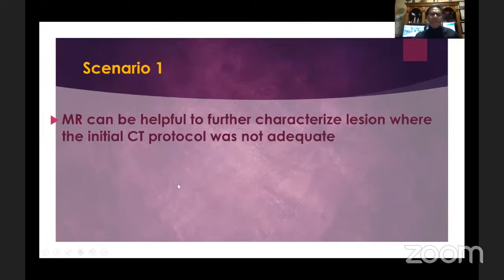So let's go through a couple of scenarios to run through different types of tumors and where MR is going to be helpful in diagnosing these lesions. Scenario 1, MR can be helpful to further characterize lesions where the initial CT protocol was not adequate.